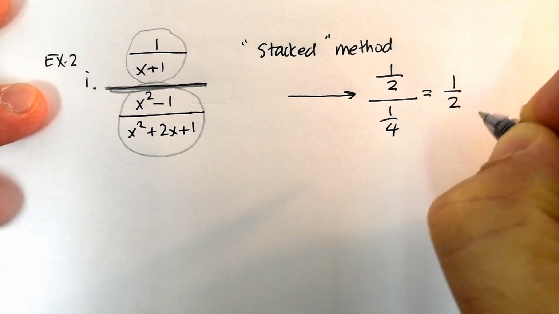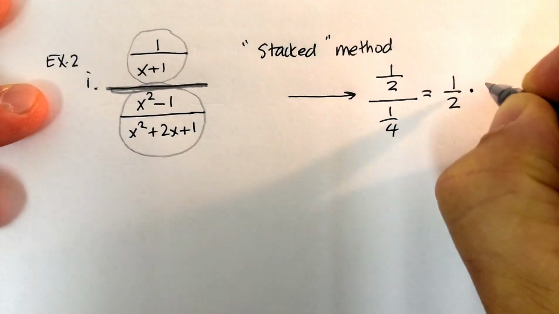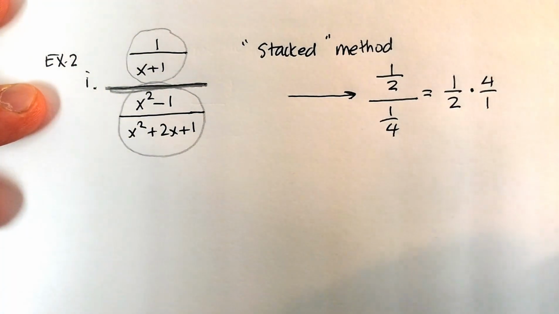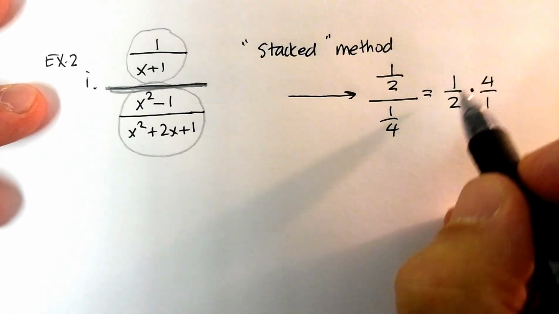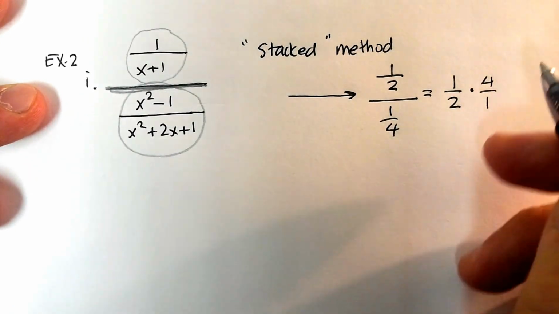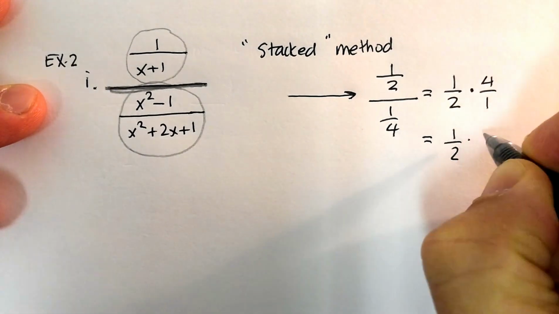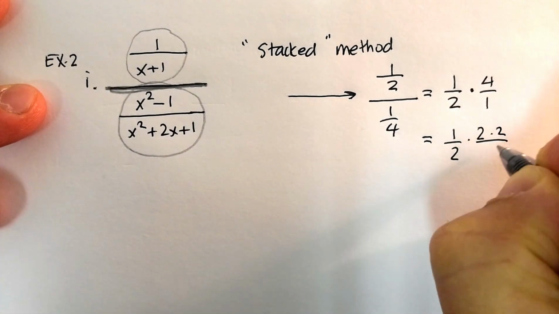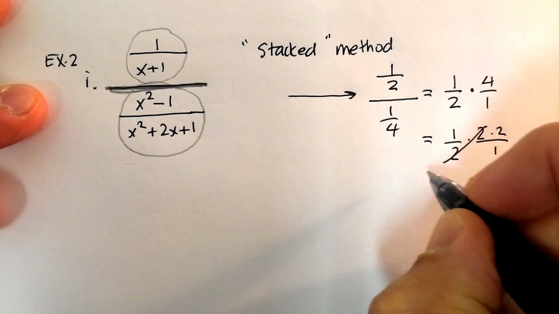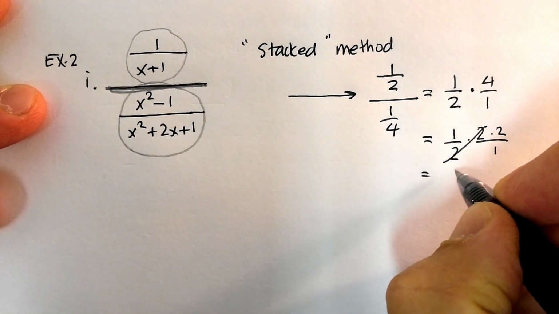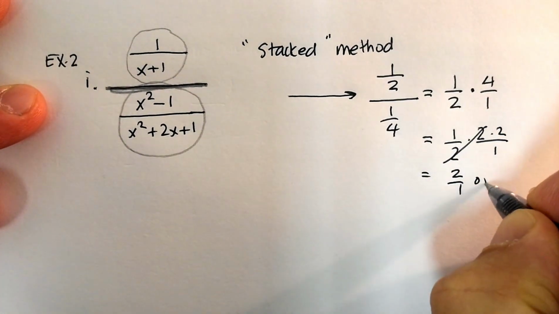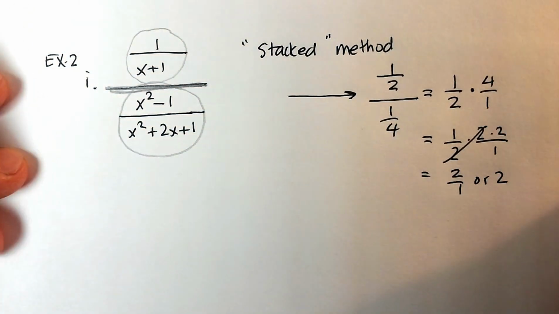So you'd say 1/2 times 4/1. And then essentially what you do is you convert this into a multiplication problem, right? That turns out to be 1/2, and then you can just do 2 times 2/1, cross out the 1 there, and look what you got. You got 2/1, or just 2 simplified, right?